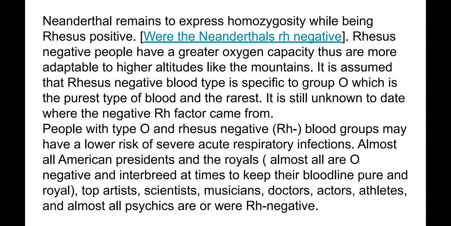What is good for these people, and for me personally, because I have O negative blood, is that we have a lower risk of respiratory infections, so our immune system is very active. But it also means a problem: if I get a vaccine, my immune system will probably overreact and kill me, so I better stay away from vaccination.